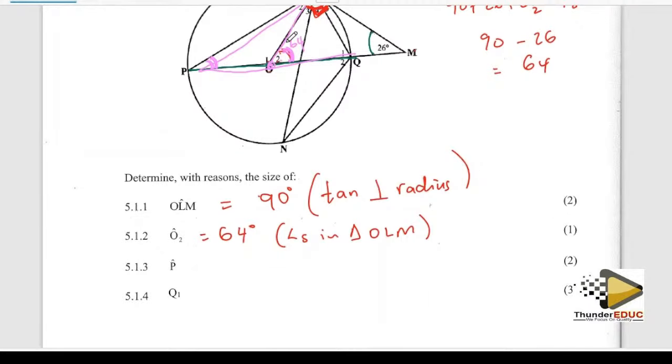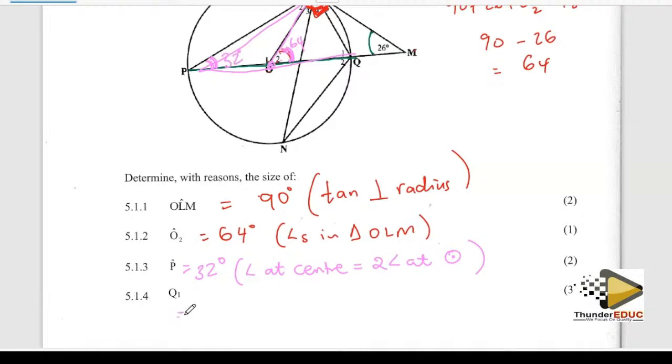Since we have the angle at the center 64, P must be half of 64, which means P is 32 degrees. The reason: angle at the center is equal to twice angle at the circumference. Okay, so that is P, which is 32.